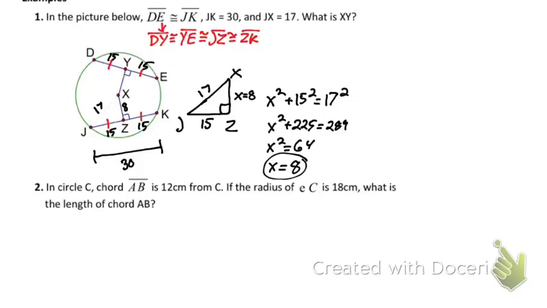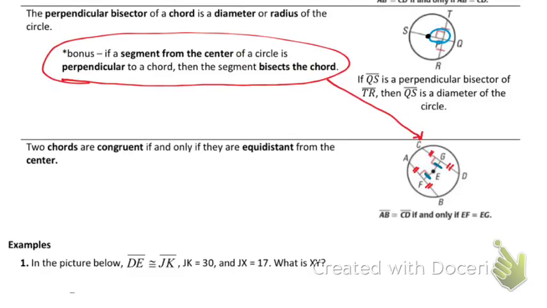And we're supposed to find, what is X to Y then? Akshay, 8, why is it 8? Because XY equals the distance of XC, because the thing above it says two chords are congruent if and only if they're equidistant from the center. Yes, and are both our chords equal to each other?